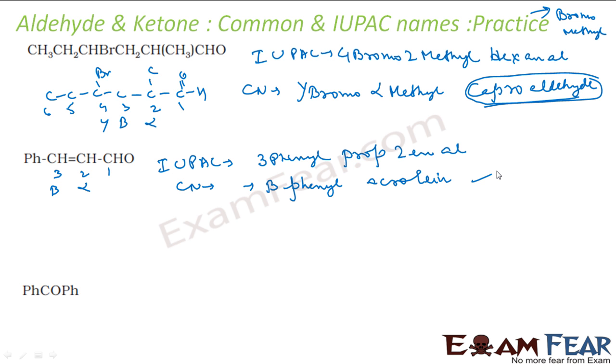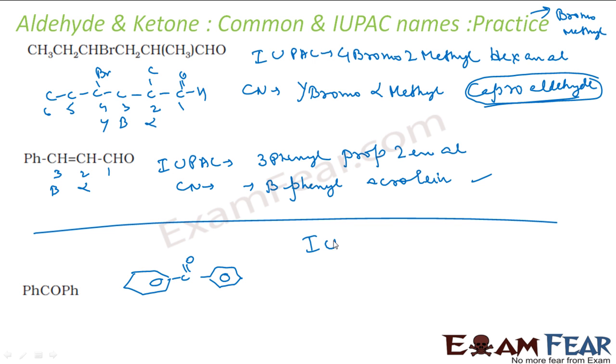Let's check this. So here I have a 2-phenyl group. This is the structure. We want to write the IUPAC name for this. If you see there are 2 phenyls, diphenyl. There are 2 substituents and only 1 carbon, so it's meth.